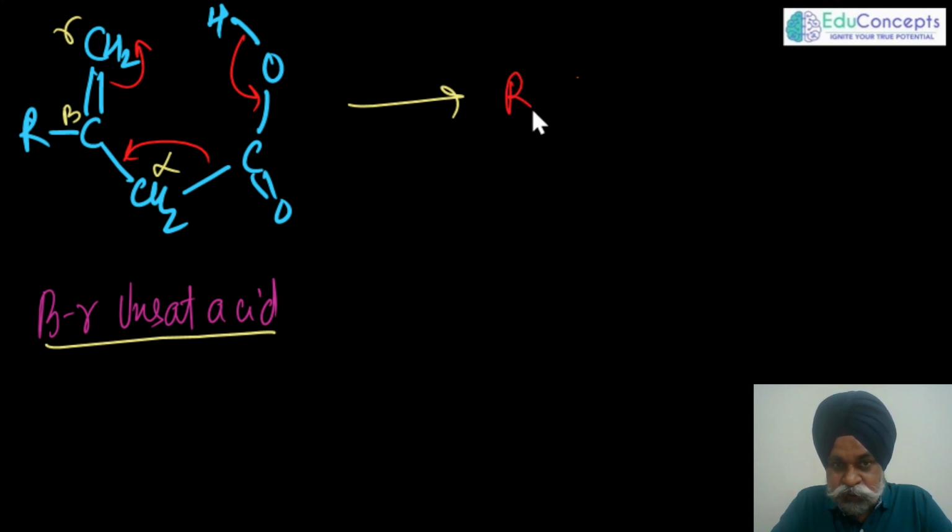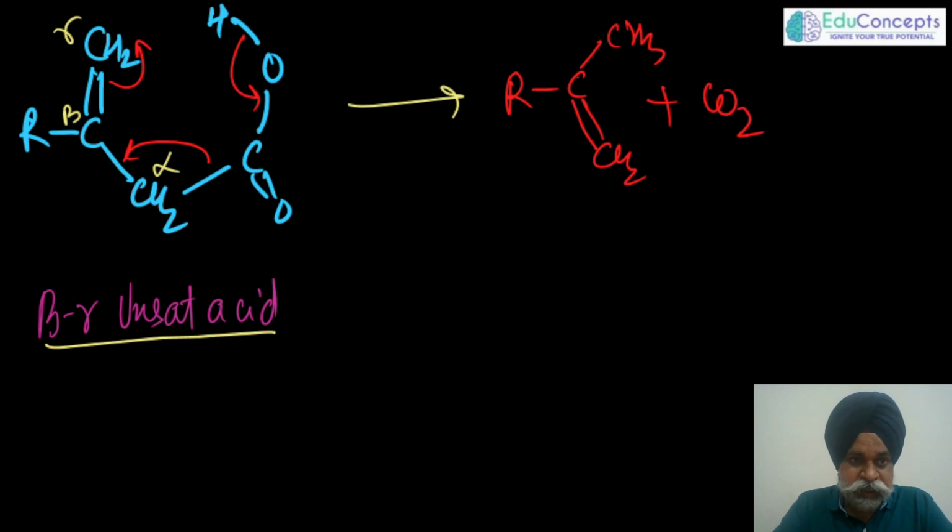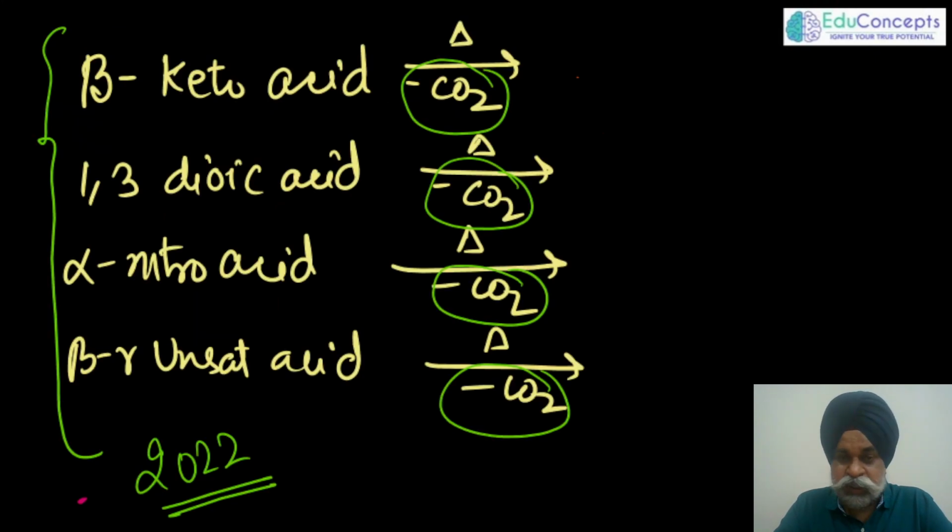So here also this becomes CH3, and along with it you get a loss of a carbon dioxide molecule. So I hope you have gone through the four entities, the four such features which you always have to keep in mind. These are the four: beta keto acid, 1,3-dioic acid, alpha nitro acid, and beta gamma unsaturated acid.